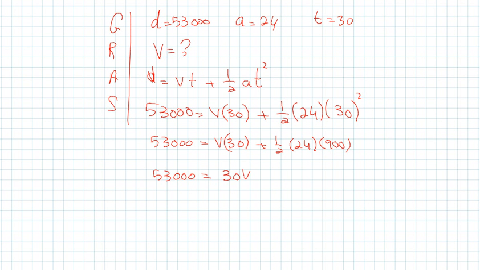Yes. Okay. Now, what do I have to do after that? Did you get that number? Did you multiply? I did 24 times 900 times a half, or divide by 2. It will become 5,400.